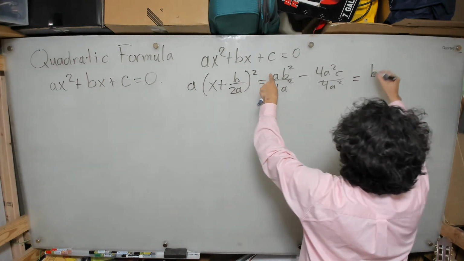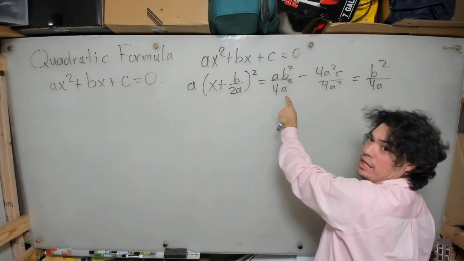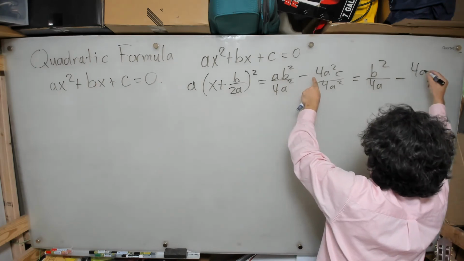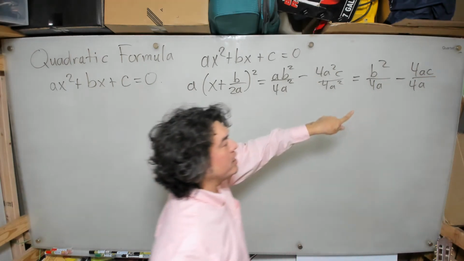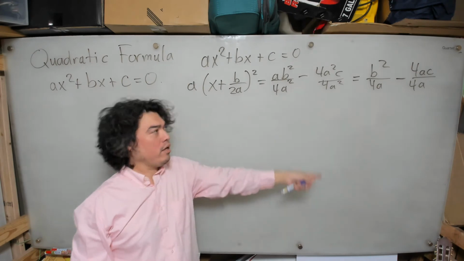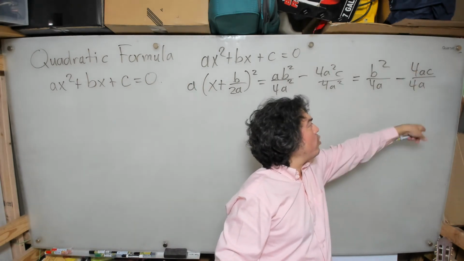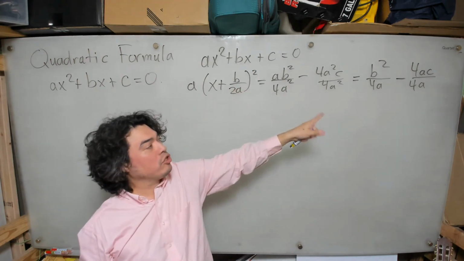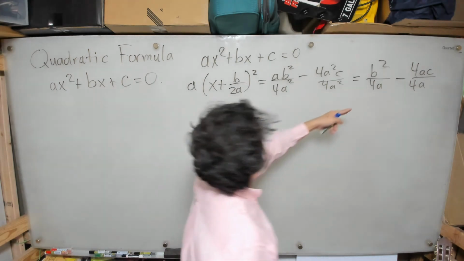So it'll be b squared over 4a, because this a will cancel with one of the a's in the a squared, minus 4ac over 4a. Again, the reason why I'm not canceling out the a in this second expression, as I very easily could, right? There's an a on top, there's an a on bottom, boom. I could do that. Same thing with the 4 is because I'm trying to make sure they have the same denominator because I'm going to combine them. Let's do that right now.